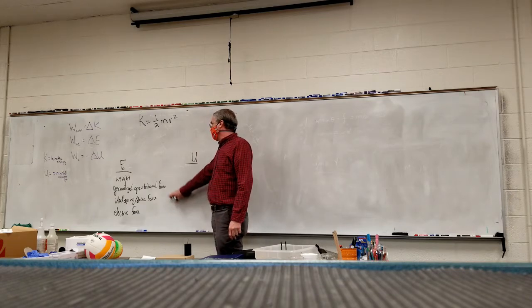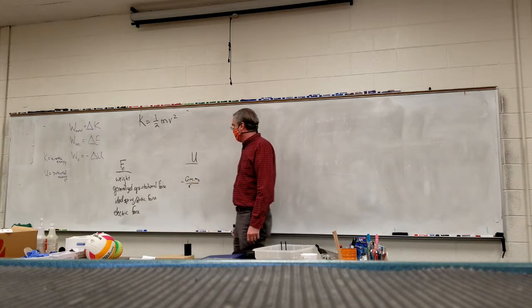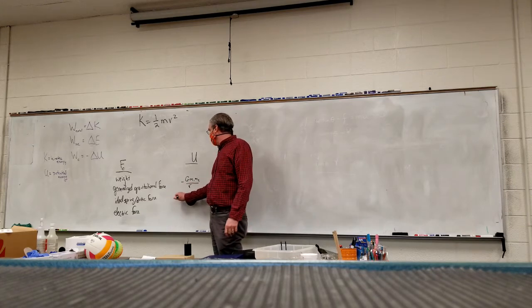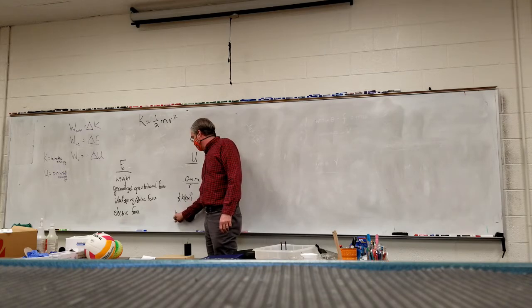So I'm going to give you these three. We'll derive this one right here. The generalized gravitational formula is negative G, mass 1, mass 2 over r. The ideal spring or elastic spring is 1/2 k delta x squared. And the electric force is k_e q1 q2 over r.